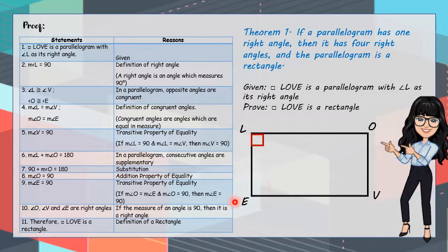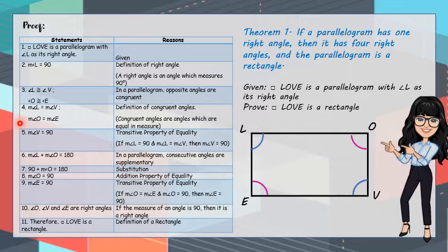Angle O is opposite angle E. So this is a parallelogram, therefore angle O is congruent to angle E. So again, angle L is congruent to angle B, and likewise, angle O is congruent to angle E, because in a parallelogram, opposite angles are congruent.